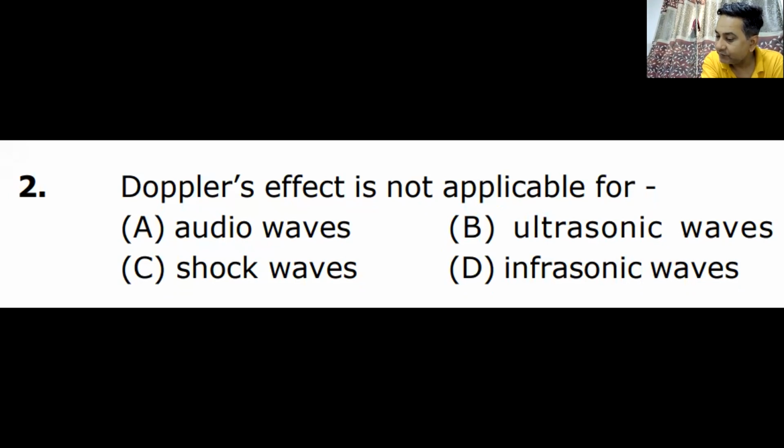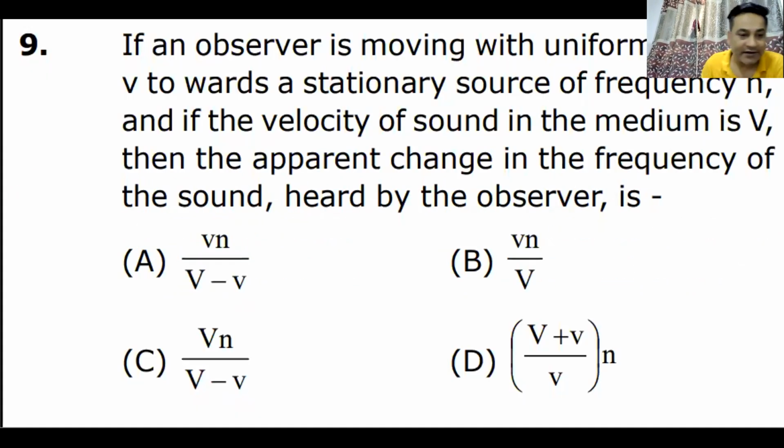Then we have this one, and let us hope that we are not going to make a mistake in this one. This is question number 9. If an observer is moving with uniform velocity v towards a stationary source of frequency n, and the velocity of sound is V, then the apparent change in frequency?